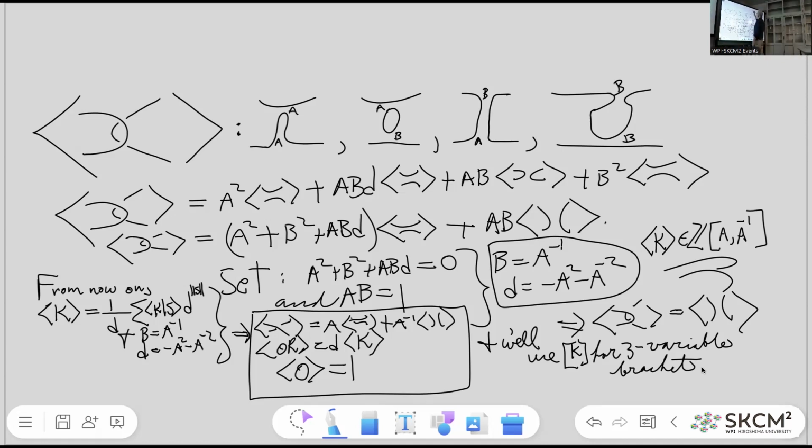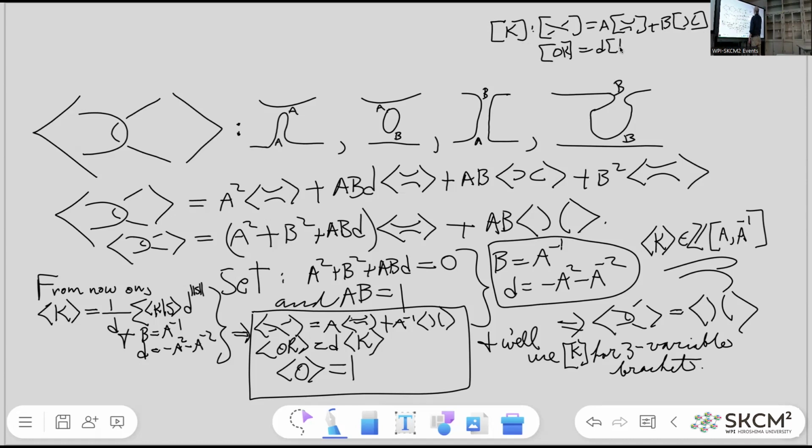So we're still going to have good old square bracket with its formulas, with A, B, D, and the value of the circle.